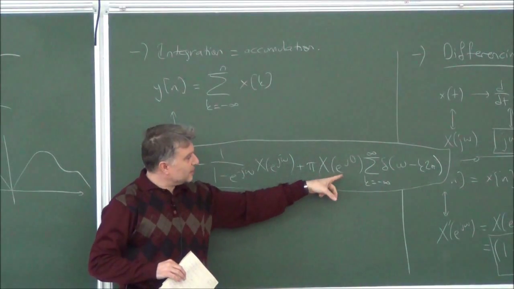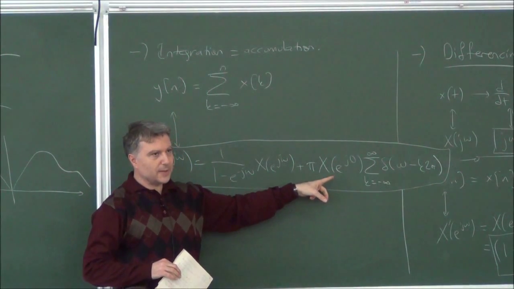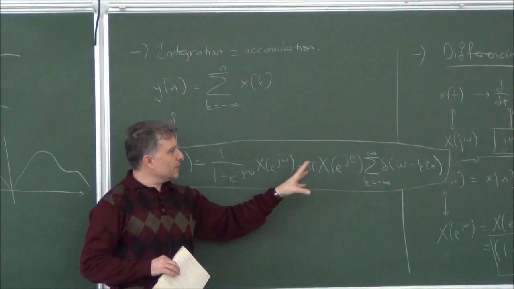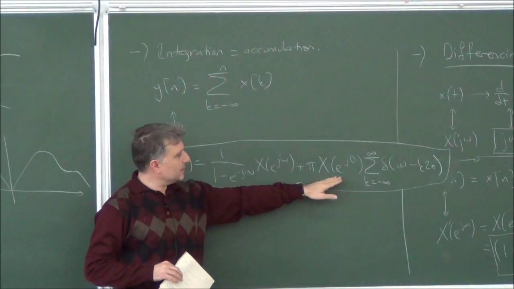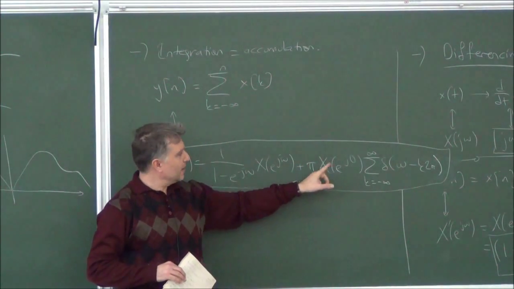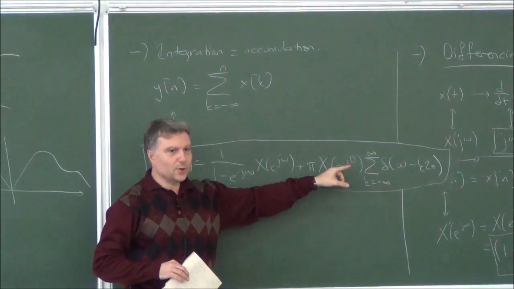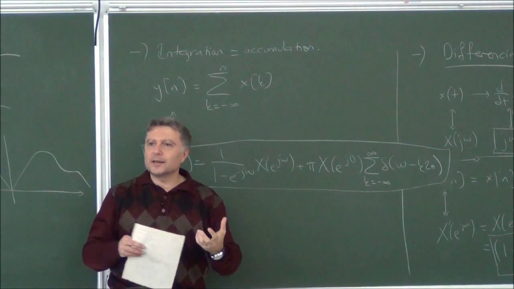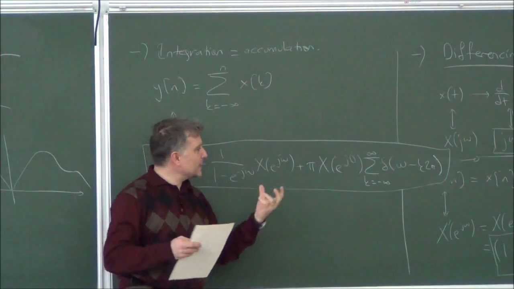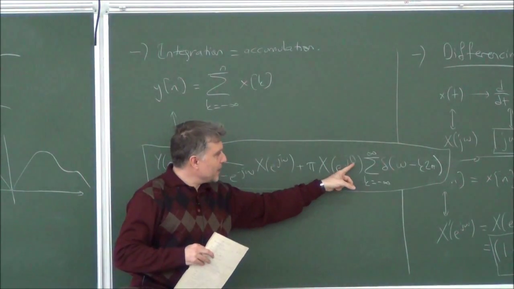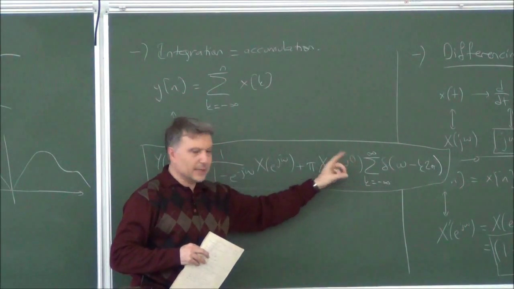And by the way, this term is a little bit awkward looking as well, because in books you may not find it like this. Capital X of e to the j 0. I'm explicitly writing it to be more explaining, meaningful. Omega is equal to 0, e to the j 0.